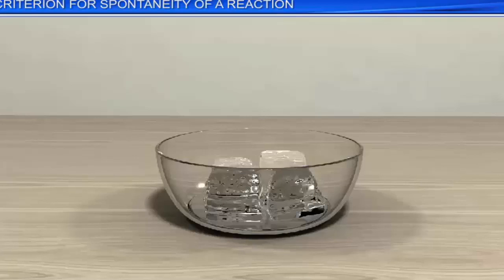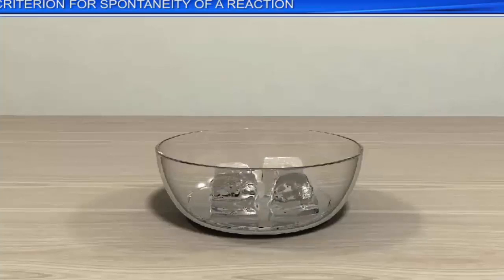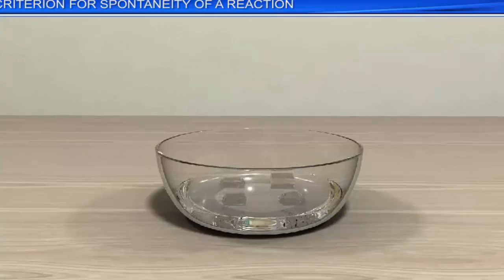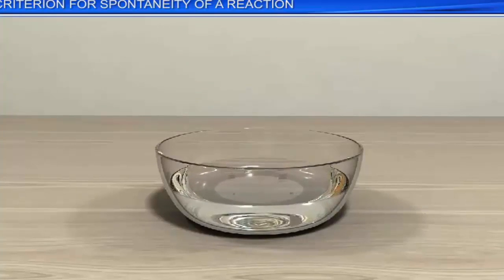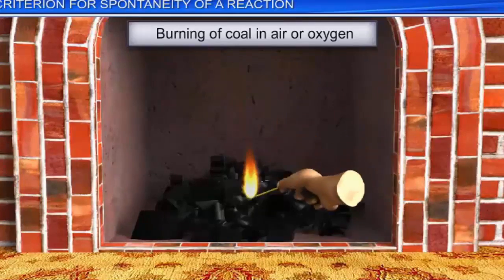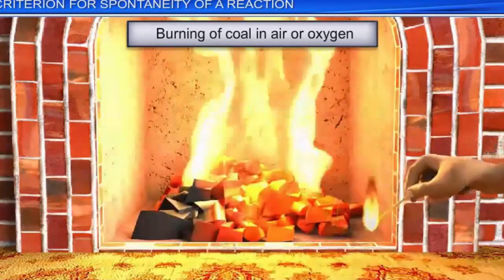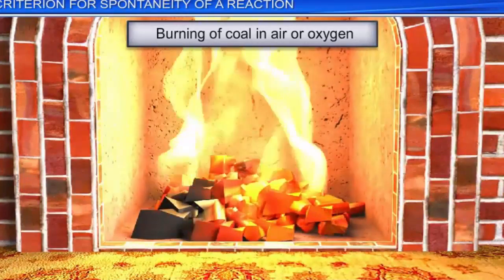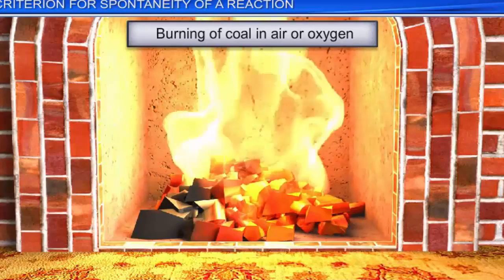A spontaneous process is one that proceeds on its own without any external influence. For example, if ice is left out at room temperature, it melts. Similarly, if we burn coal in air or oxygen, it will continue to burn naturally.